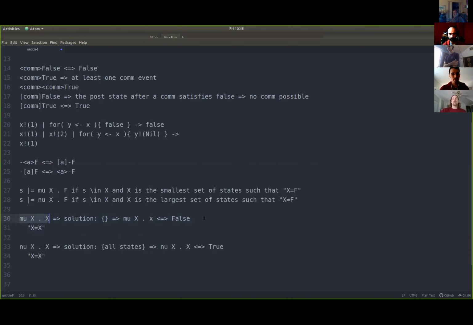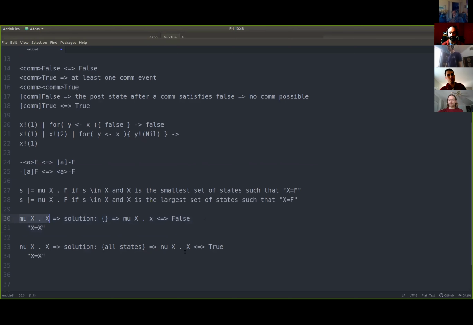Yeah, exactly. I wanted to even say earlier that a formula and a set of states are really like the same thing, because for any given formula, you can think of the set of states that satisfies that formula. And for any set of states, you can think of the formula that describes these and only these states. So they feel like different ways of thinking about things, but they're always interchangeable with one another.